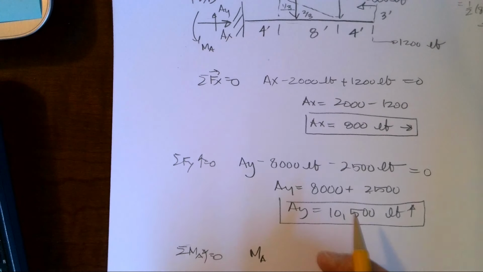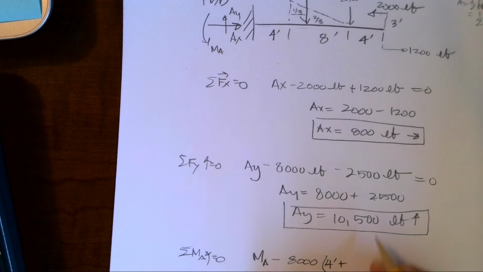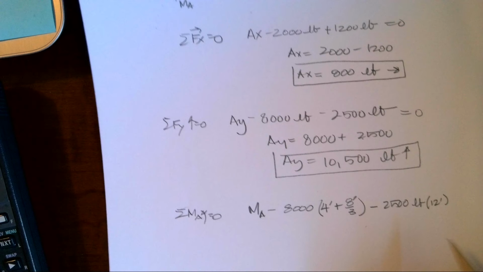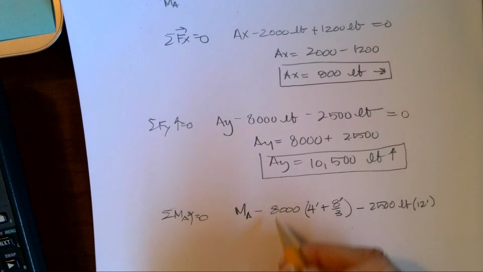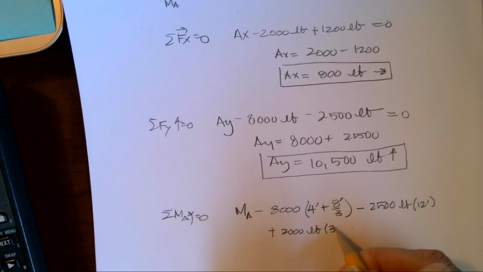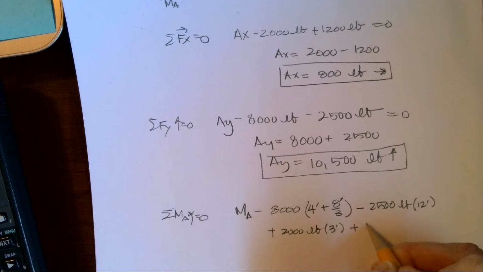So I have minus 8,000 times 4 feet plus, it's going to be 1/3 of 8, so 8 feet times 1/3 over, minus 2,500 pounds times 12 feet. Sorry about that. Plus 2,000 pounds times 3 feet plus 1,200 pounds times, I forgot to label that.